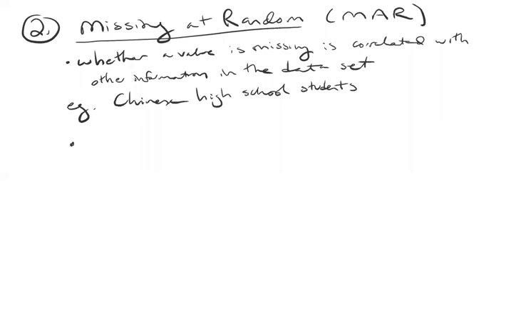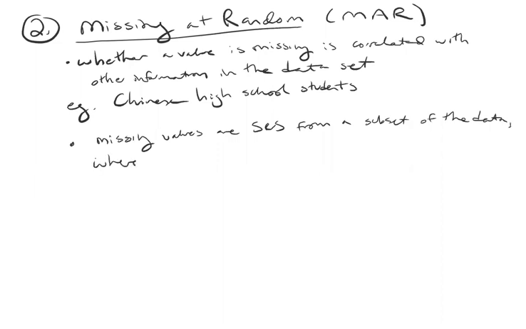The idea here is that missing values that are missing at random are a simple random sample from a subset of the data where the subset is defined by variables you do observe. So the subset is defined by observed information.